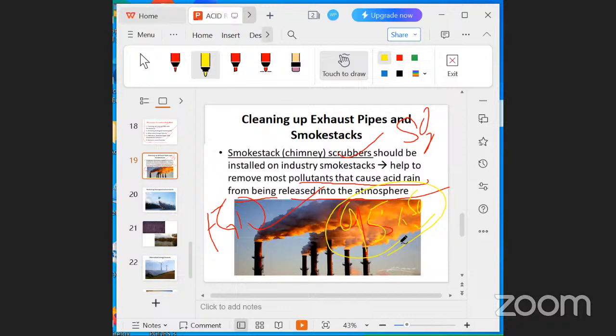And also the power generation. Power generation facilities can also shift to using fuels that emit much less sulfur dioxide, such as natural gas, instead of burning coal. These methods are simply called emission reduction strategies. Similarly, the nitrogen oxide emissions from automobile fossil fuel combustion are mitigated by the use of catalytic converters.